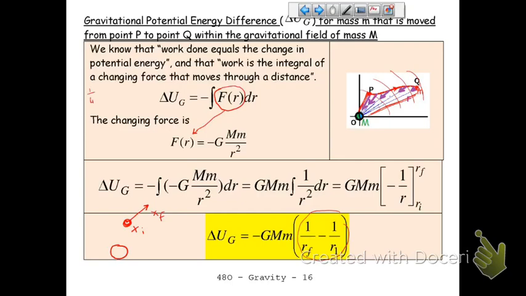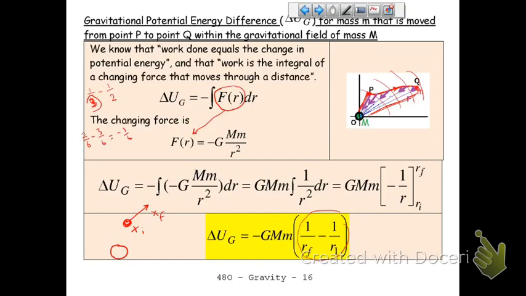Let's have a look. 1 over 3 minus 1 over 2 is 2 over 6 minus 3 over 6, which equals minus 1 over 6.